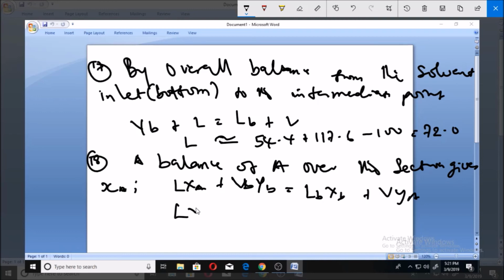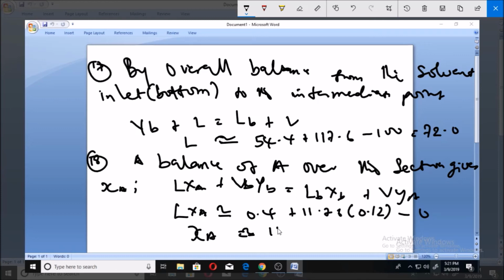So this will make LO XA approximately equal to 0.4 plus 11.76 into bracket 0.12 minus 0, making our XA approximately equal to 14.5 all over 72, which is equal to 0.201.